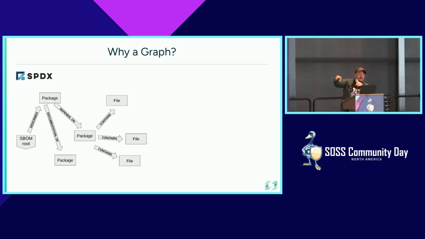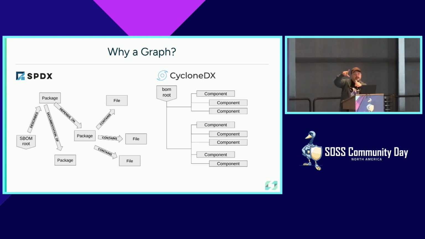So you have packages and files, and all of them are linked through relationships which are typed. CycloneDX started as a tree, which is some sort of a simple graph, but it also now has the dependency graph, which makes those relationships more complex and also becomes a graph.